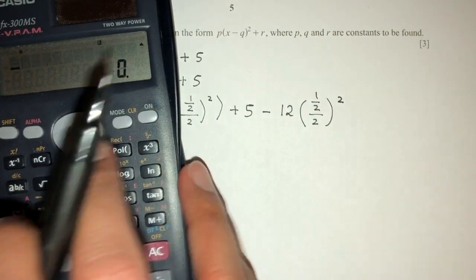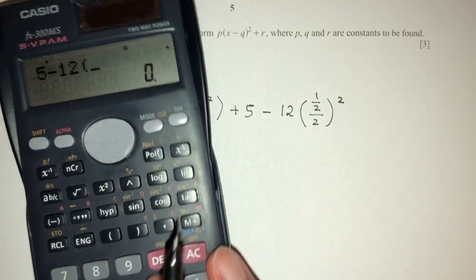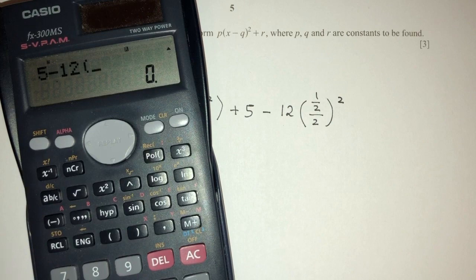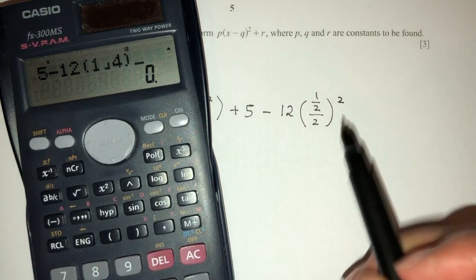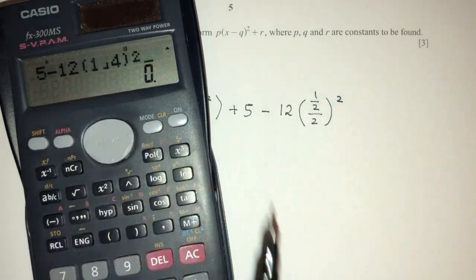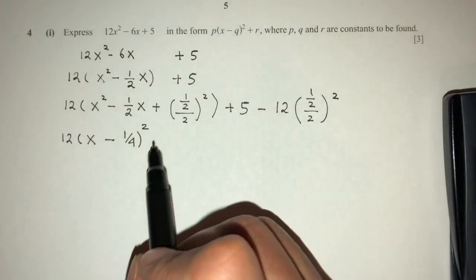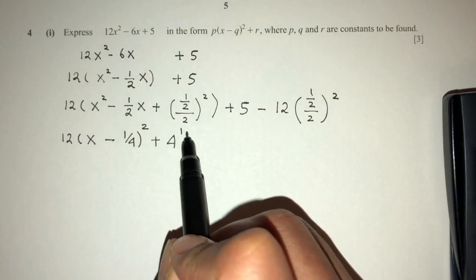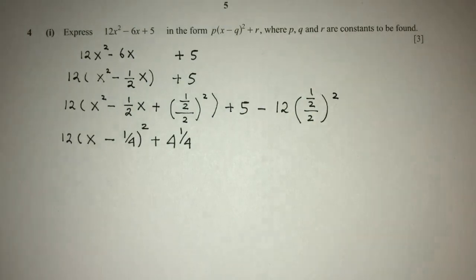Here we have to simplify. We have 5 minus 12 times 1 over 4 square, because this value inside is 1 over 4 square. That will be plus 4, 1 over 4. So that will be your expression.